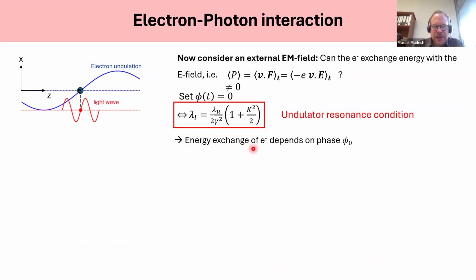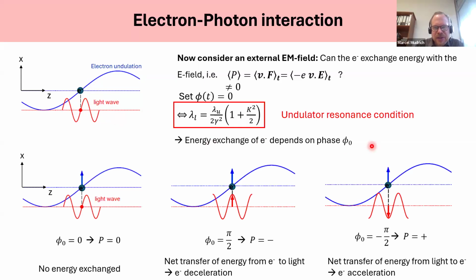And then the question is, do the electrons absorb energy from the light field, or do the electrons get slowed down by interaction with the light field and add energy by emitting light into the light wave? That obviously depends on the phase, phi naught. This can be visualized in these three diagrams.